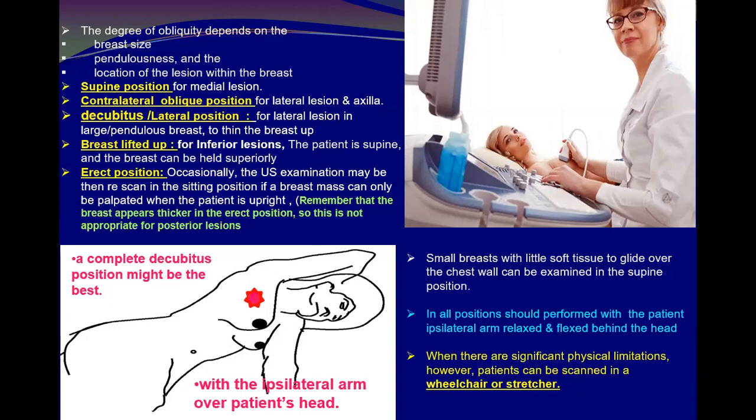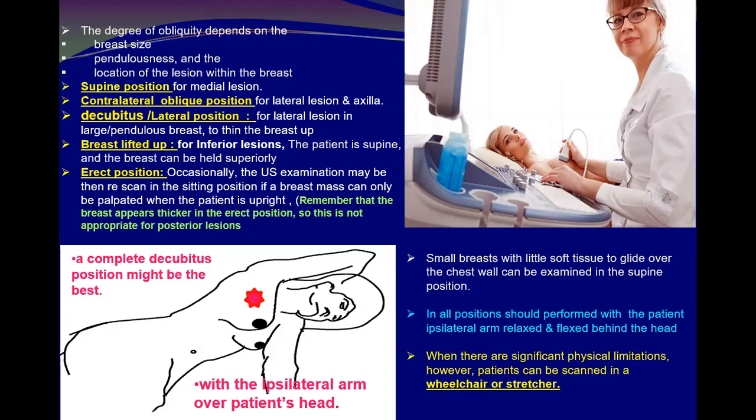Sometimes for an inferior lesion with a large breast in a supine patient, you might need to ask the patient to lift her breast with the contralateral hand to see inferiorly located lesions. And if the patient could feel a palpable abnormality only in the erect position, you might scan the patient once in the upright position.